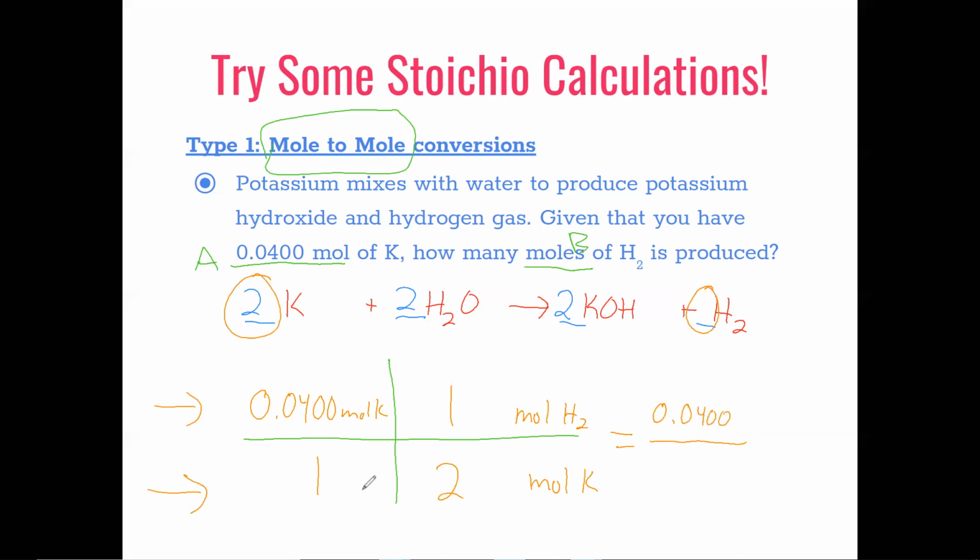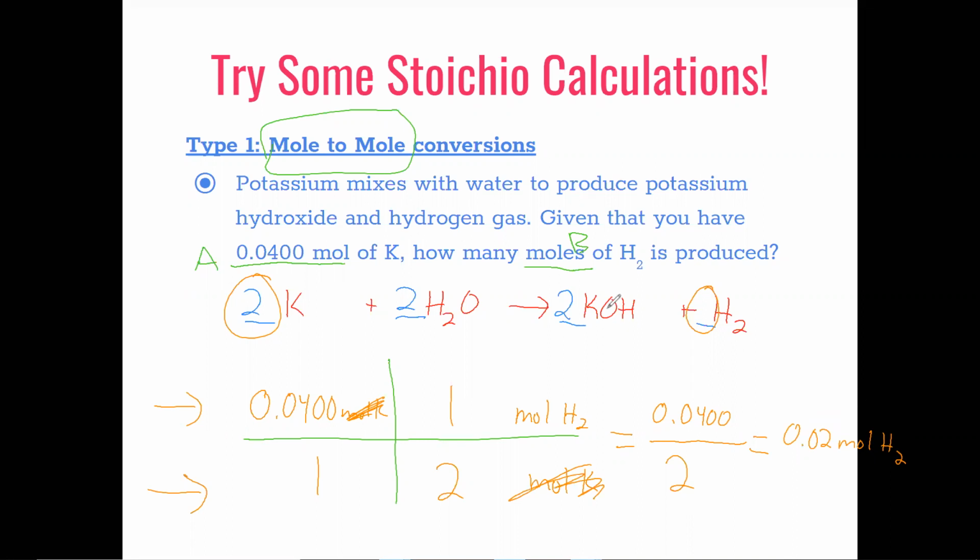So we're going to get 0.0400 on the top. We're going to get 2 on the bottom. And once we divide, that's going to be 0.02 moles of H2. How do I know what unit I'm in? Well, because that unit is going to cancel out with that unit. And the last thing is to check our sig figs.